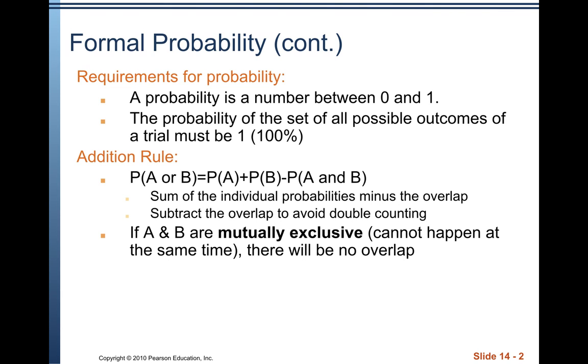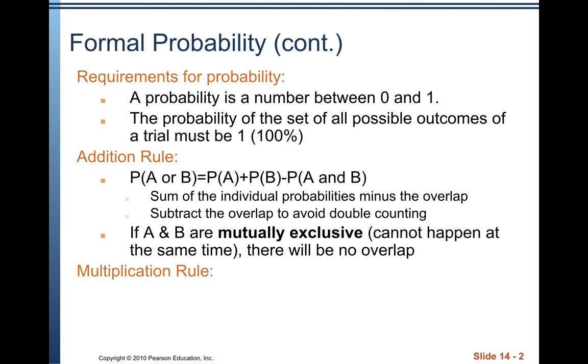If I wanted the probability of having a 5 or an ace, those two things, 5s and aces, would be mutually exclusive. There are 4 5s and 4 aces in a deck of cards, but it isn't possible to have a 5 and an ace. So there's no overlap in that case. So that's our addition rule.